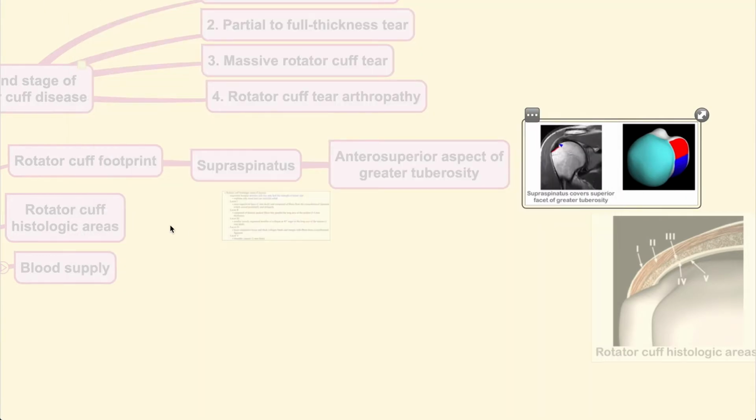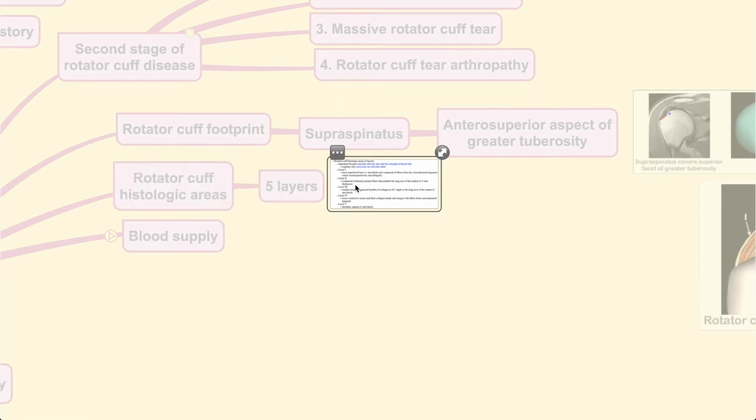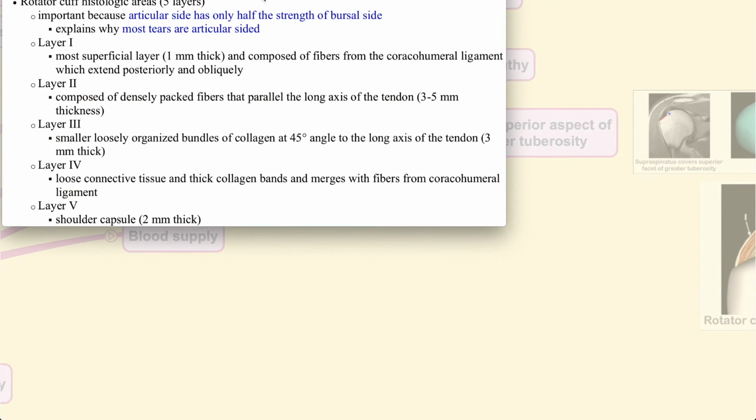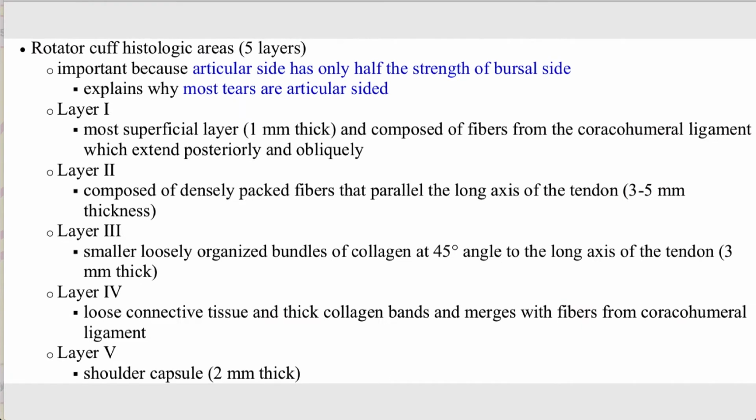Next, we can see that the rotator cuff itself also has histological layers. The rotator cuff tendon has 5 distinct histological layers, and these layers go from the most superficial to the deepest layer. The first layer, the most superficial, is around 1 millimeter thick, and it is composed of fibers from the coracohumeral ligament, which extend posteriorly and obliquely.